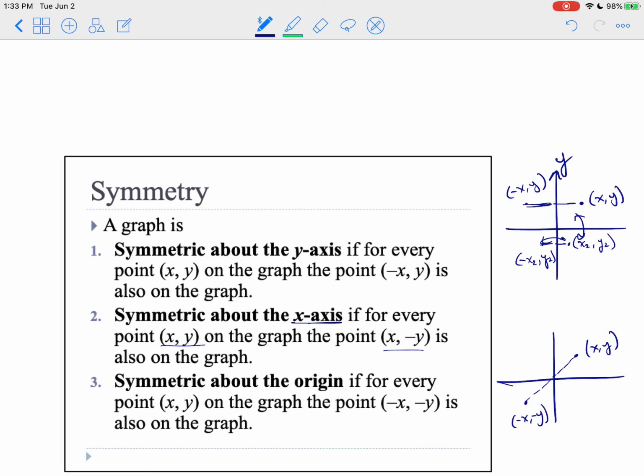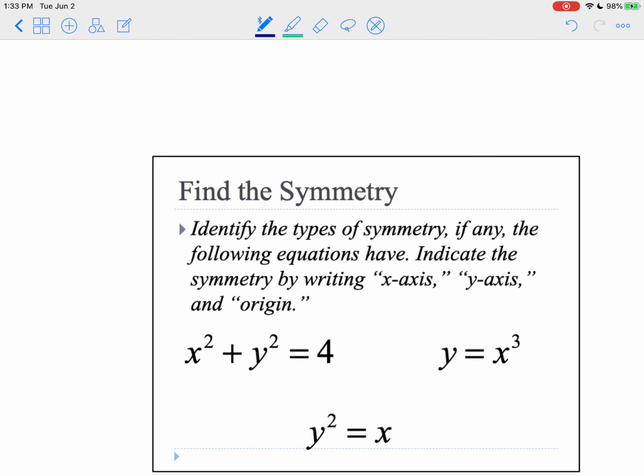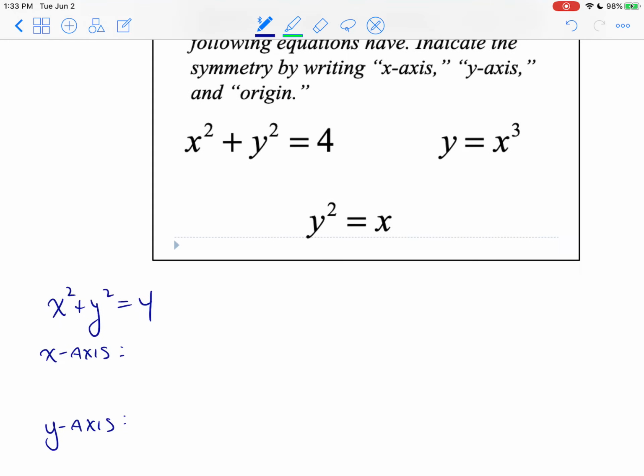So to test x-axis symmetry, we go back and look at the definition. X-axis symmetry says that for any point (x, y), the point (x, -y) is on the graph. So what that really means is if I plug negative y in for y in this equation, I should be able to get back the original equation. And I'll show you what that means. So x squared plus, it was normally y, but I'm going to make it (-y) squared equals 4.